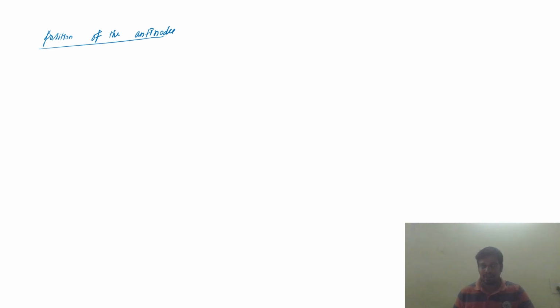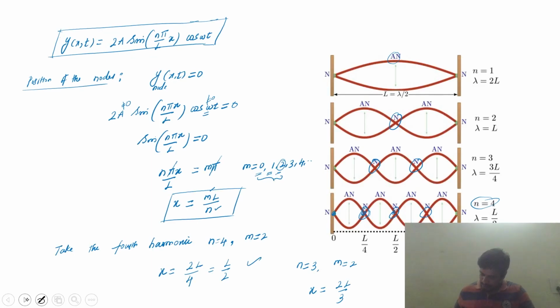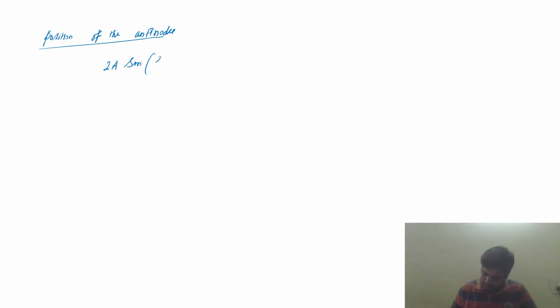That maximum value here we can take as 1, because the resultant wave should be 2a sin(n pi x by l) cos(omega t). Here the sine function can have the maximum value plus 1 or minus 1, because it's a harmonic function. So we can take the maximum value of this amplitude as 1.